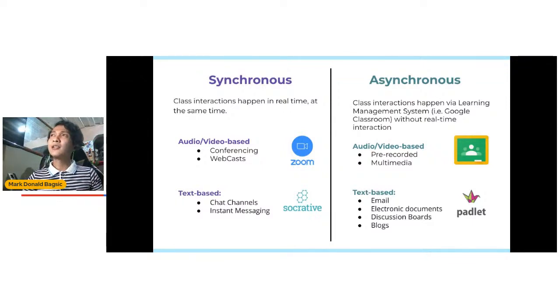So the need for the synchronous is case to case, depending on the access of the student. We can't force things. We can't really have the students give what they don't have. If they don't have internet at that time, it will not hinder them.